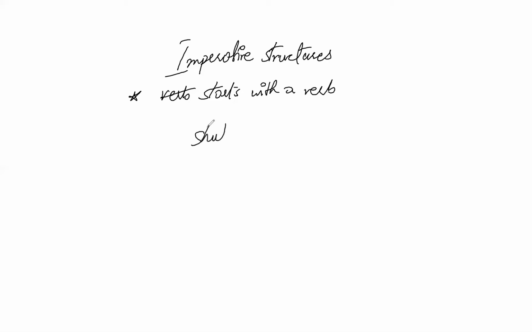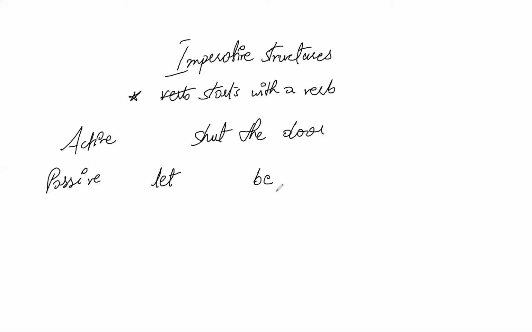Shut the door, right? This is the active structure. If you were to convert it into passive, there are two things that you're going to write, "let" and "be". Then you will put the object in the first dash and the verb in the second dash.